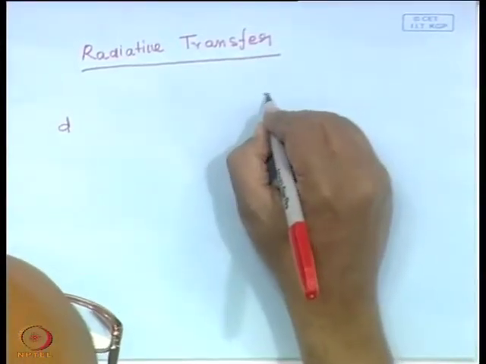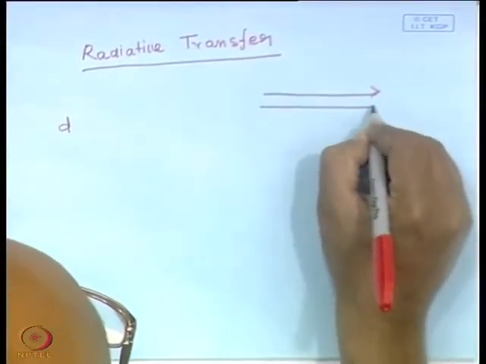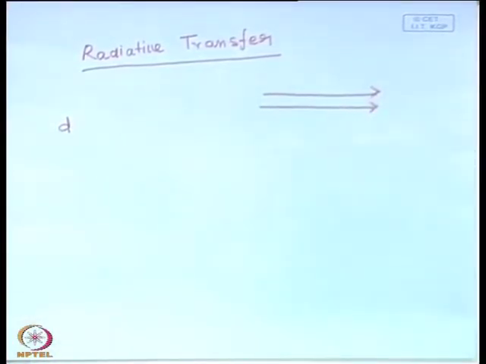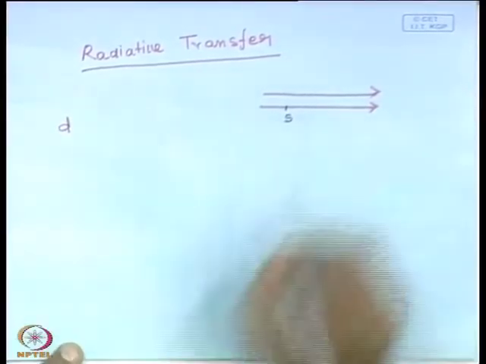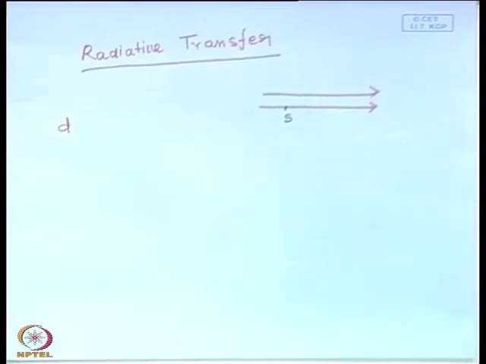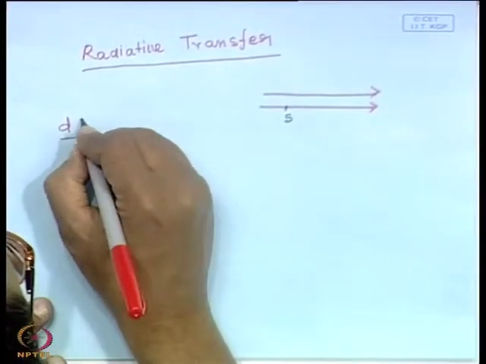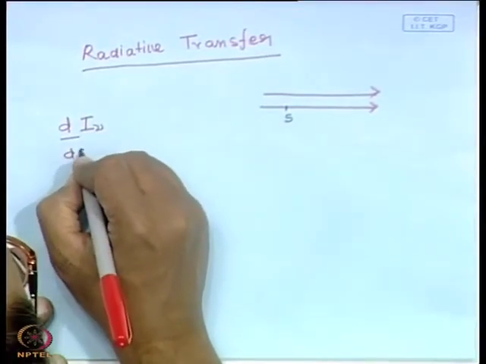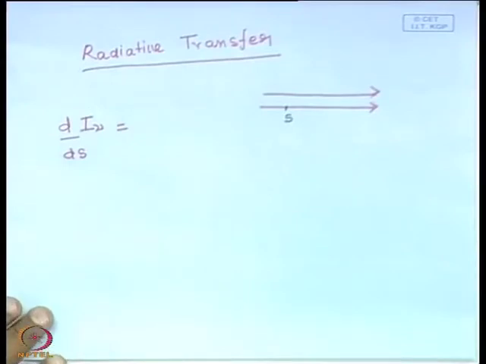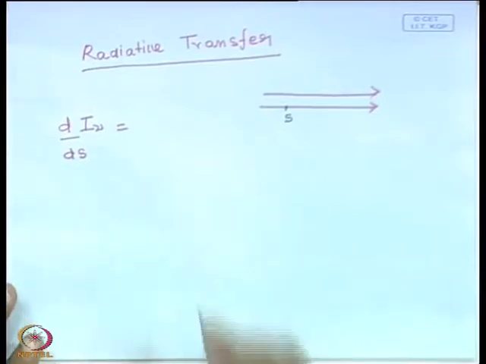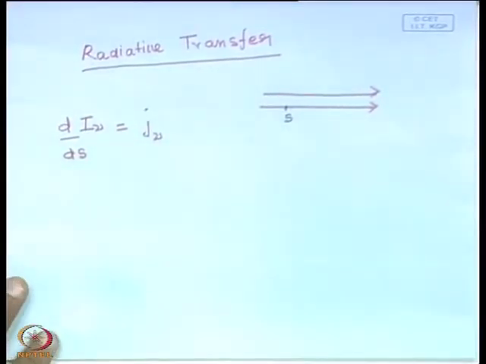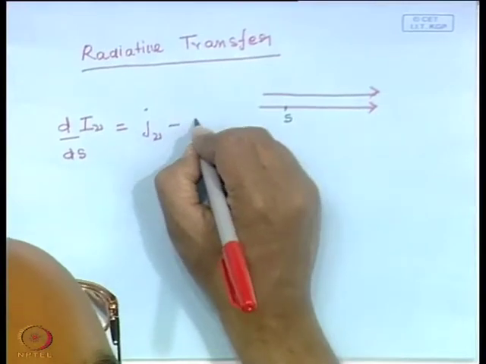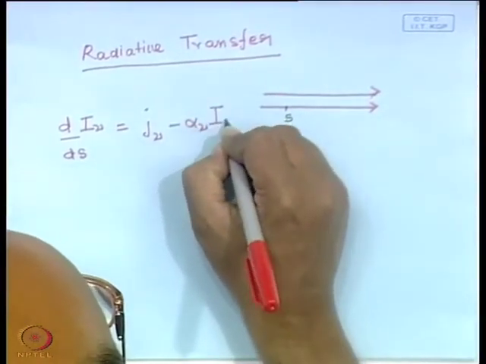So, this is the situation that we are considering, is that we have a ray of light, we are interested in a particular ray of light, S is some distance parameter S along the ray, and the equation, radiative transfer equation, is the derivative of the specific intensity with respect to S. So, there will be an input of energy due to emission, and that is given by j nu, and there is a removal of energy which is given by minus alpha nu I nu, right.